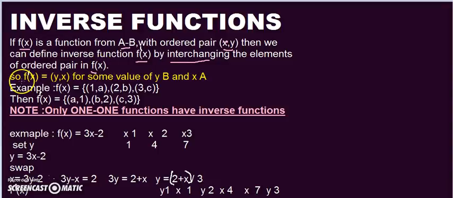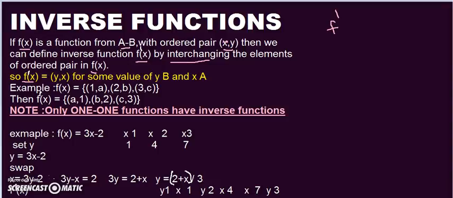So I will call the inverse function of f of x f inverse. We have to write it like this: f, with the superscript symbol minus 1. Then we call this the inverse of the function f.